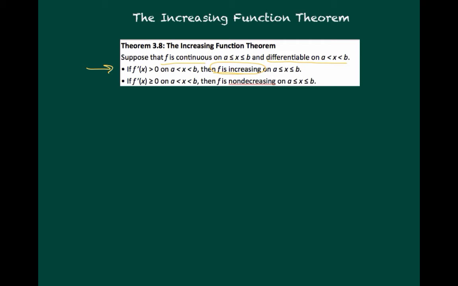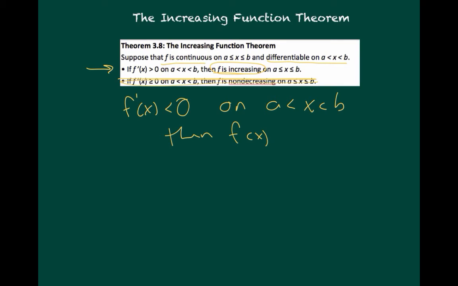We've known that all semester. Let's not worry about the second statement here, but I would like you to put in your notes that if f prime of x is negative on the interval from a to b, then f of x is decreasing. So it's kind of the opposite of the increasing function theorem, but equally important.